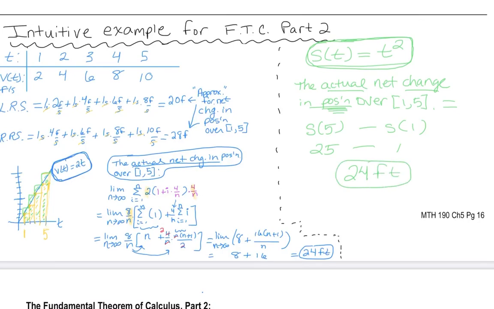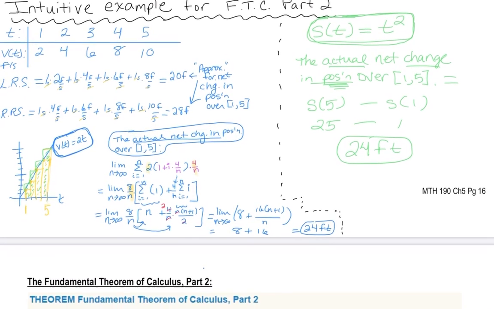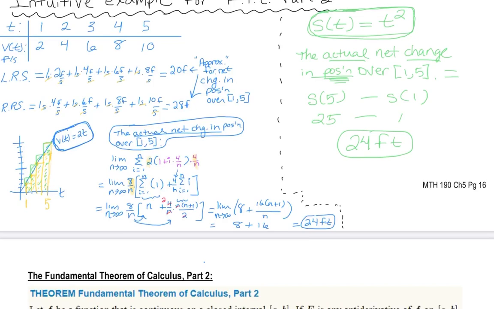This is the fundamental theorem of calculus part 2. What it says is, and once we connect these two, and we know that v is our derivative of s, so s prime is equal to v, or to say differently, s is the antiderivative of v.